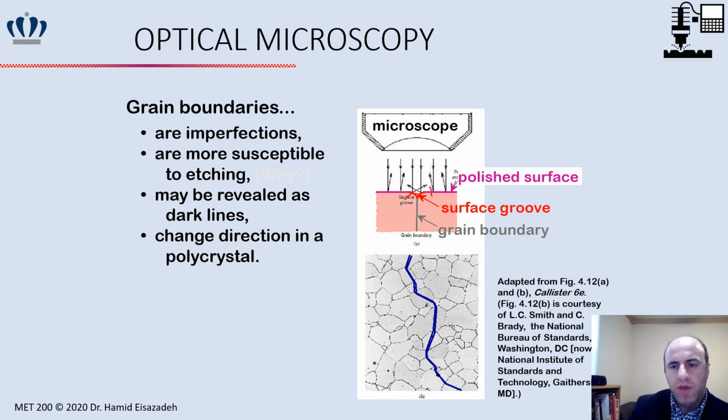Under the optical microscope, because the orientation of each grain is different, the light that reflects back has a different angle. As you see, the angle is different. That's why you see this coloration.